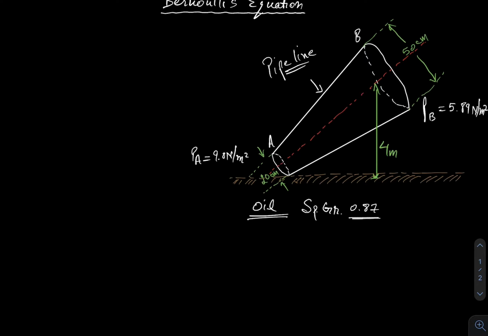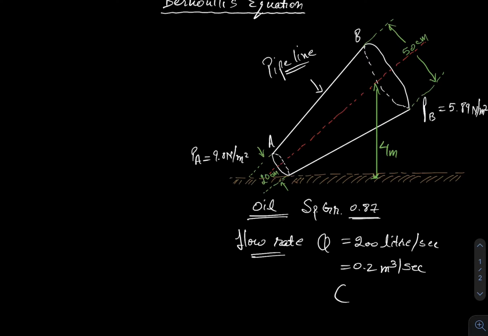Okay, the flow rate Q is also given as 200 liters per second, which is also equal to 0.2 meter cube per second, right?